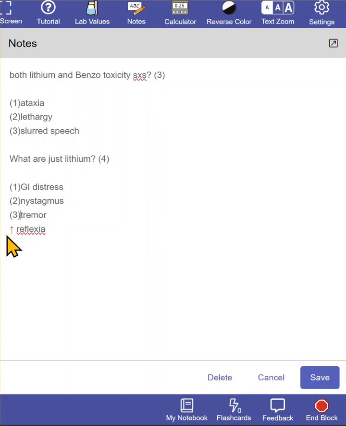We're not talking about withdrawal, we're talking about toxicity here, so an overabundance of the drug. There are situations where you can get symptoms like this in association with these drugs, but not in toxicity. Toxicity is very specifically an increase. So GI distress, nystagmus, tremor, and increased reflexia, meaning your deep tendon reflexes are increased.